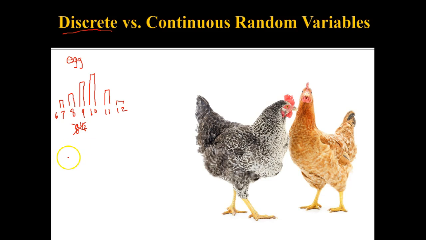But there are other kinds of data that we can measure that are what we call continuous. So just to keep with the chicken theme, how about if I take my eggs and I weigh them?